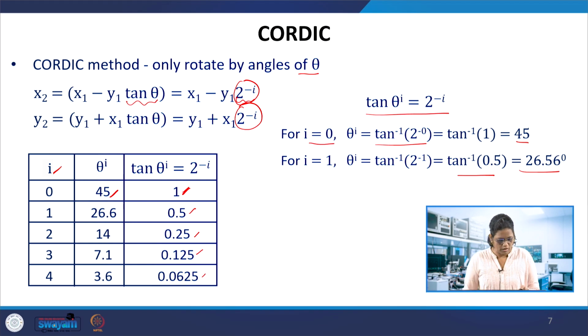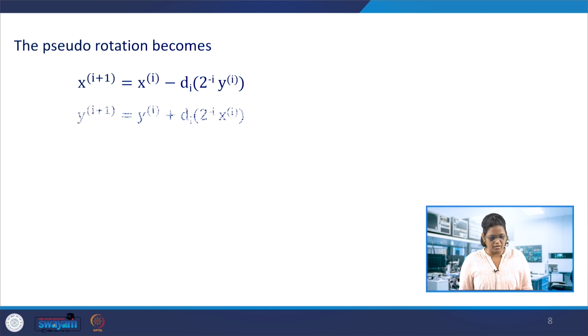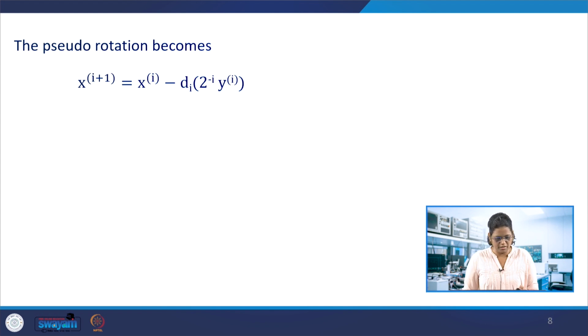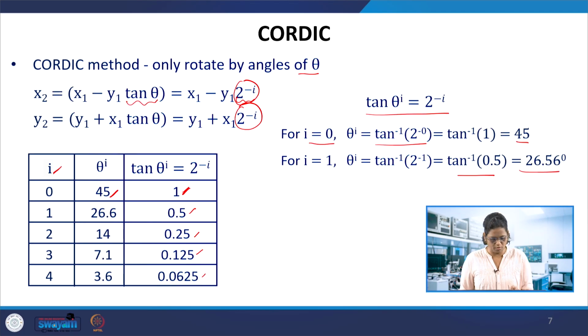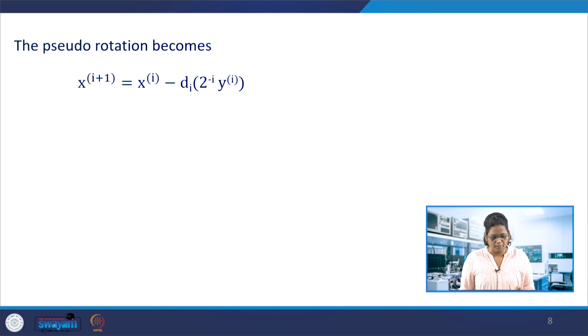So x2 and y2, which we get through the pseudo rotation, restrict the angle theta so that tan theta equals 2 power minus I.